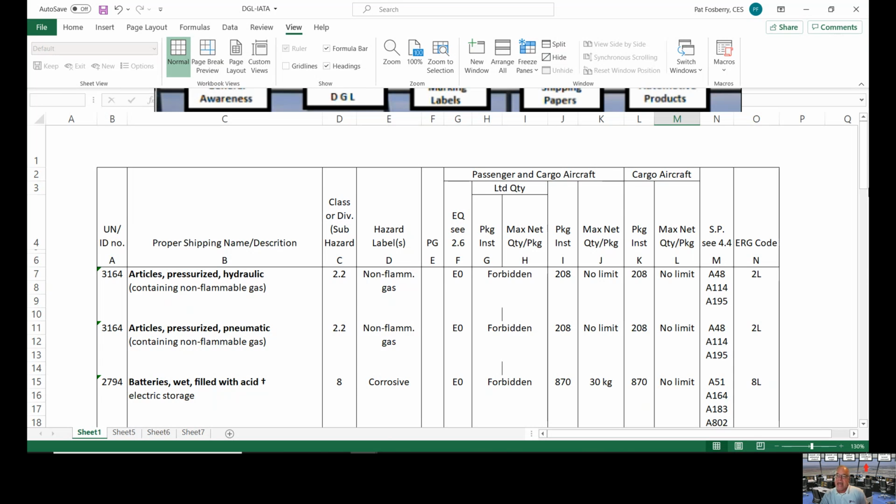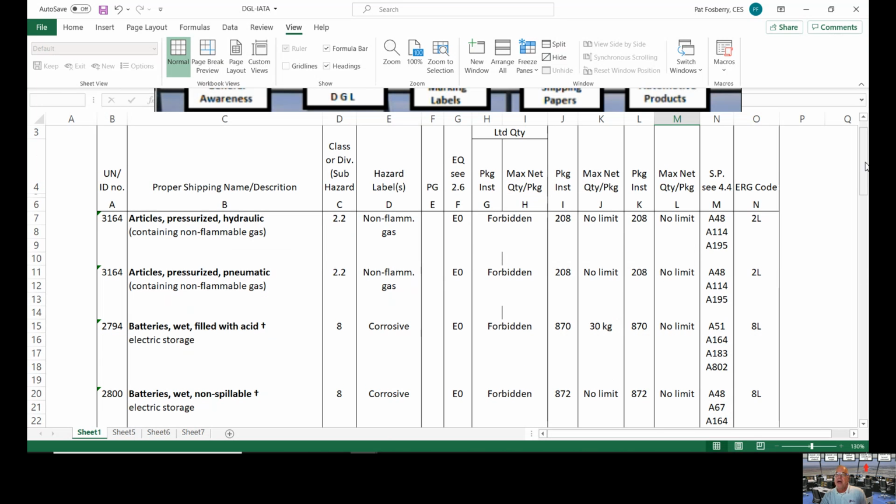If you look at Exhibit 6A, I'm just showing you one of them. The emergency response code for articles pressurized is 2L. The first is the drill number, and I only include the drill numbers that comply with the commodities that you have.